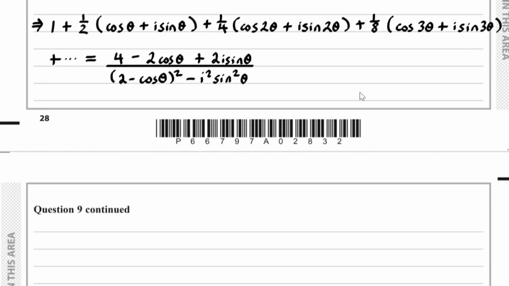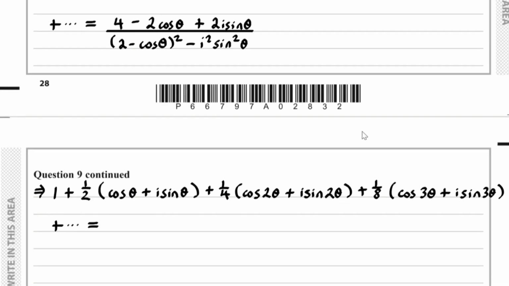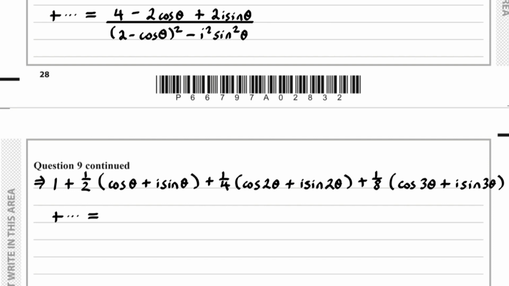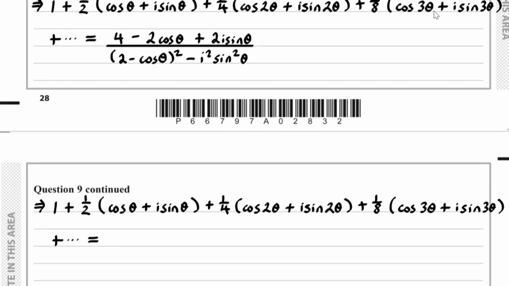So let's simplify this even further. The left hand side is still the same, but on the right hand side, well, on the bottom we've got 4 minus 4 cos theta plus cos squared theta. Now here we've got minus i squared, which is positive 1, so we're going to add on sin squared theta.